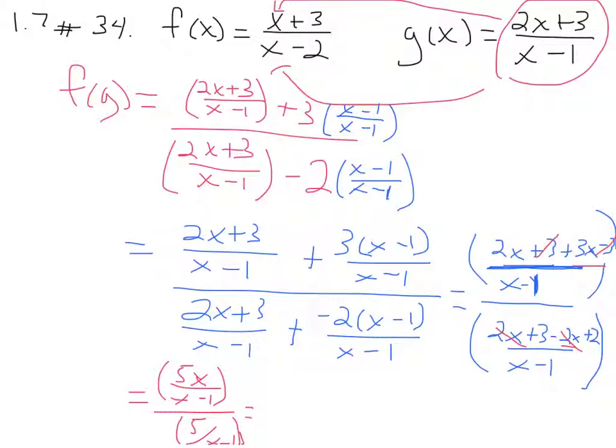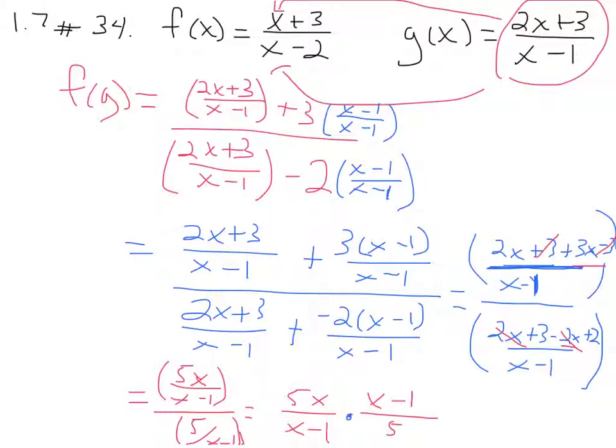Now, we have a fraction on the top and a fraction on the bottom. If we reciprocate and multiply the bottom, the top stays as 5x over (x minus 1). The bottom of the bottom comes to the top, x minus 1, and the top of the bottom stays on the bottom. Now we have an x minus 1 on the top and an x minus 1 on the bottom, and this is a multiplication of two fractions.